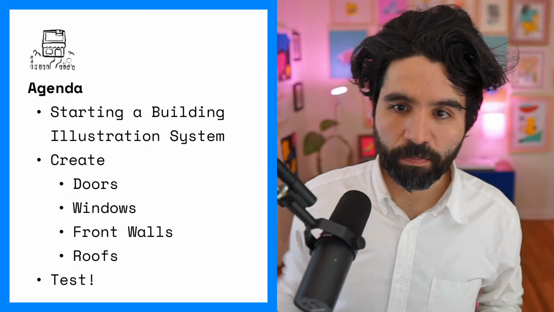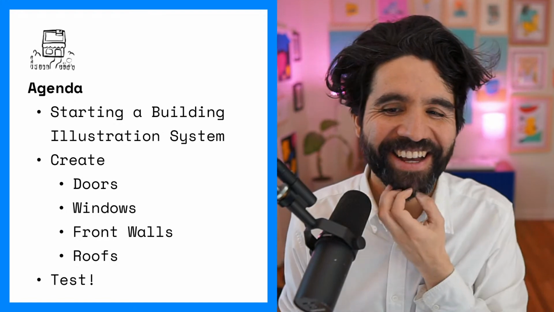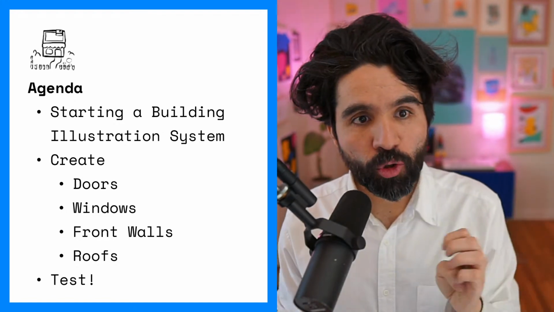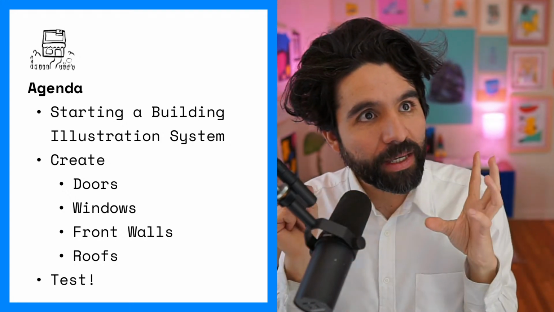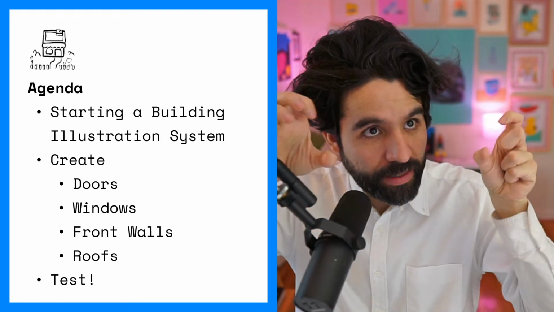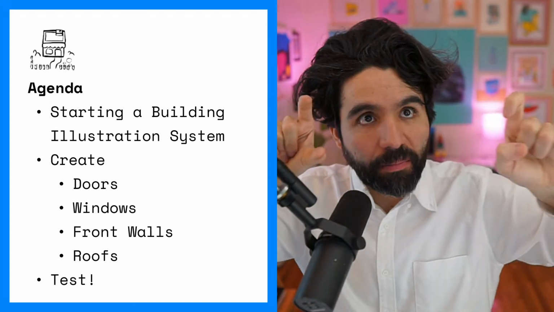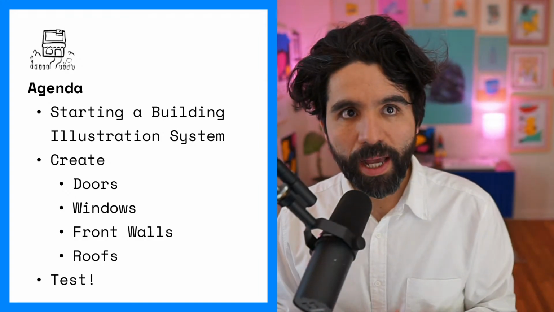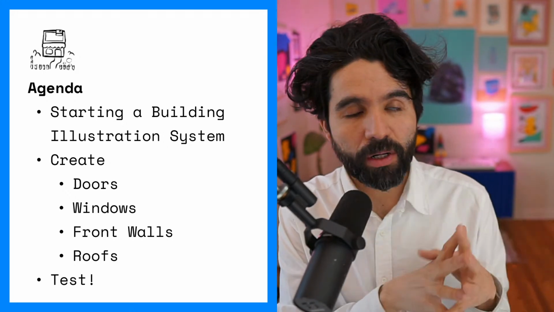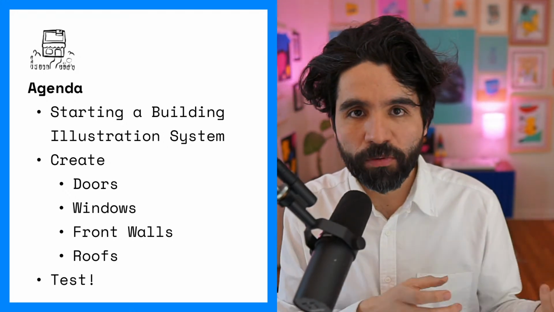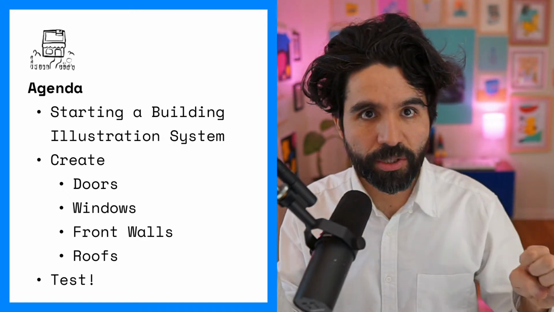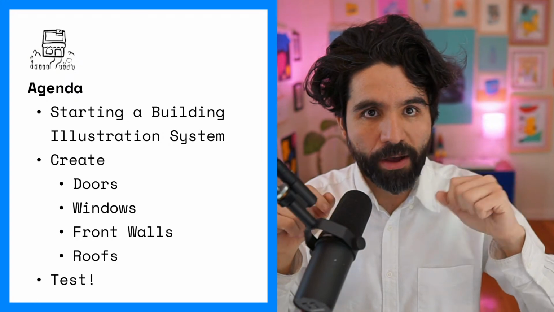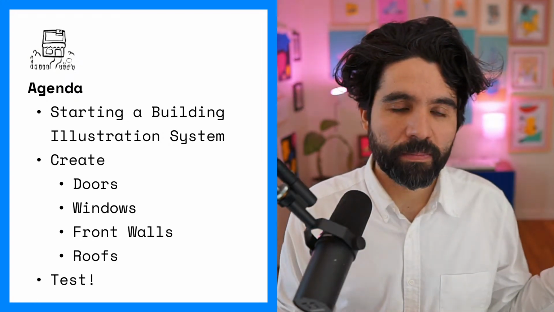Wow, I need to clean my... the magic of doing live streams. Front walls, roofs, and I think there's an opportunity to create a system so all these elements are reusable. So whenever I create a shop, for example, I don't have to do it all from scratch. I can just reuse windows. I can reuse the door, put some little trees around, and boom, we got a shop.